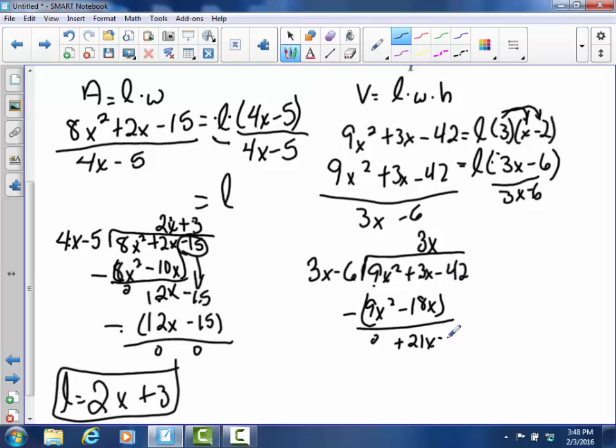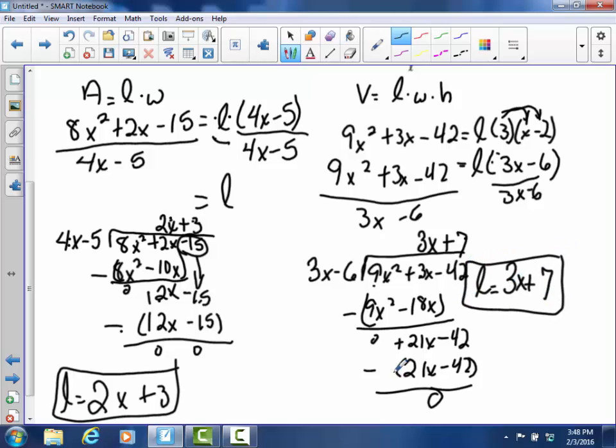And then we bring down the minus 42. 3 goes into 21 7 times. So 7 times 3x is 21x. 7 times negative 6 is negative 42. And when we subtract, we get 0. So my answer is L equals 3x plus 7.